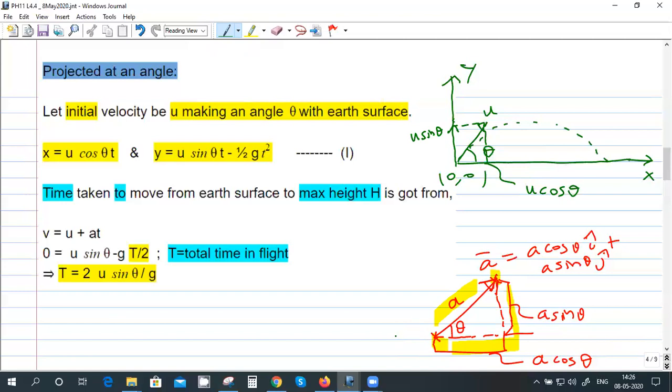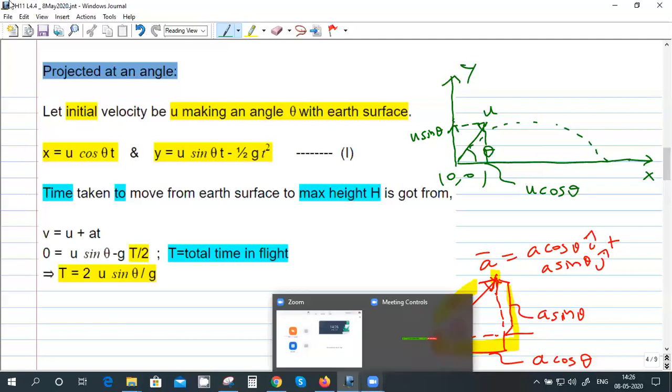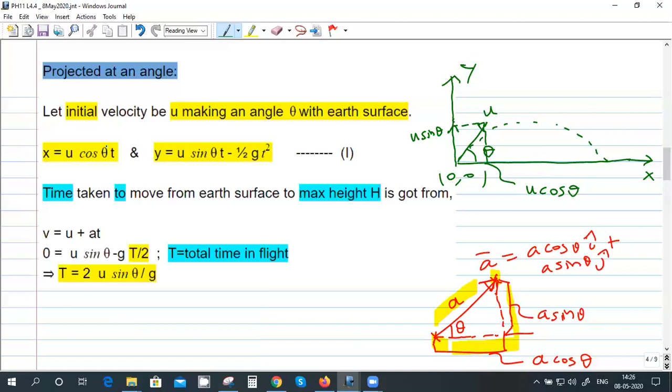So if you use x equal to ut plus half at square, a is 0, so you get x equal to ut. You have that equation, right? In that, a is 0 for the horizontal direction, so you get s equal to ut.